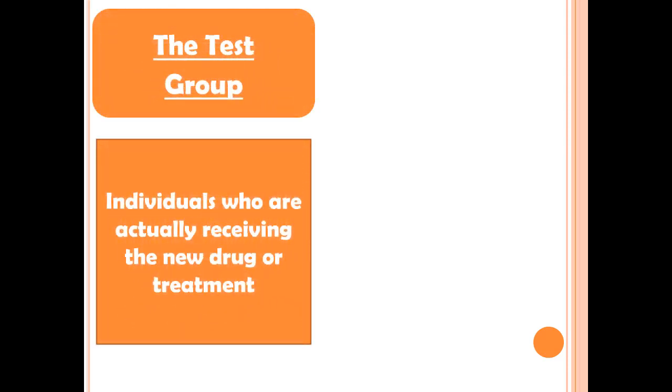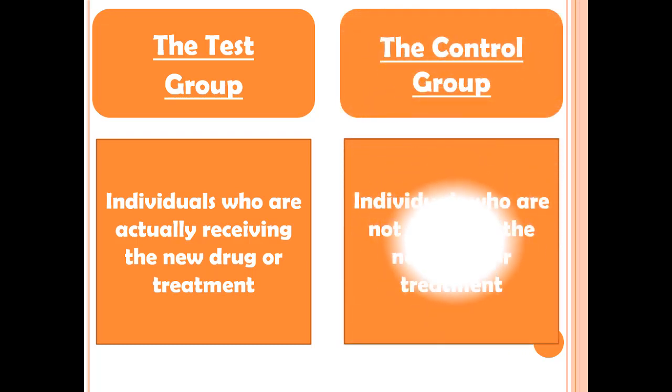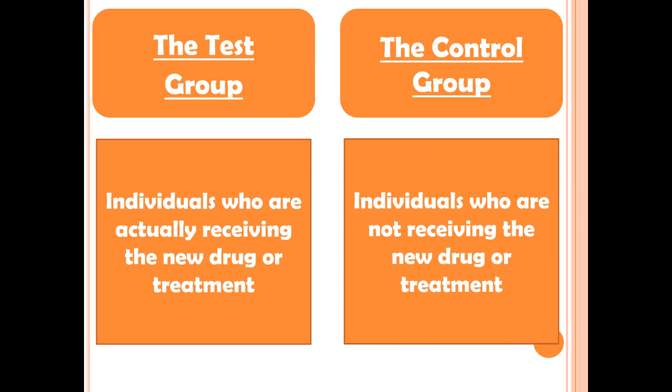and the test group is the individuals who are actually receiving the new drug or treatment. And then the second group are the control group, and those are individuals who are not receiving the new drug or treatment. The thing is, though, they are receiving something.